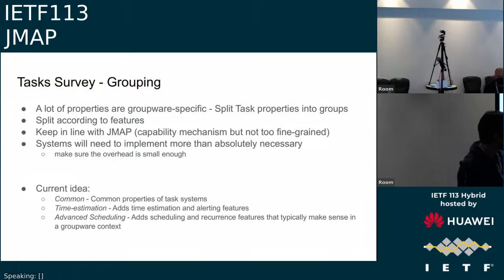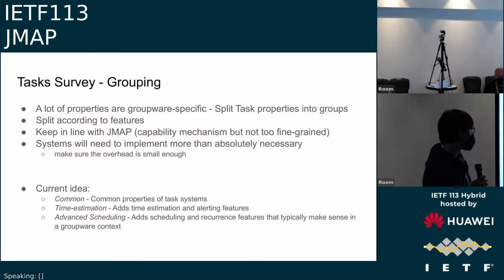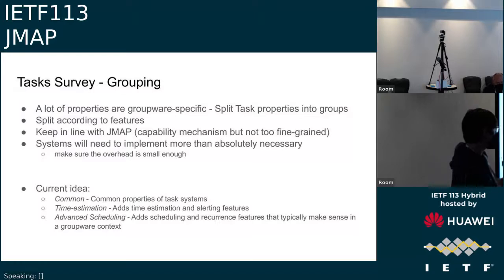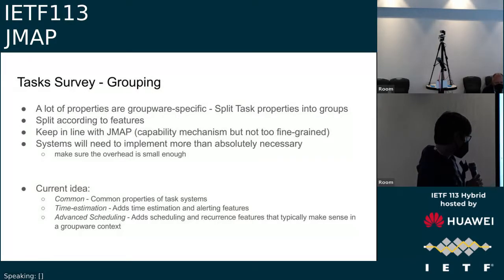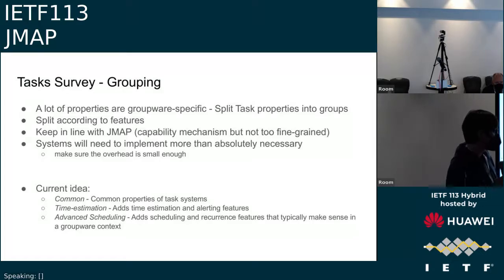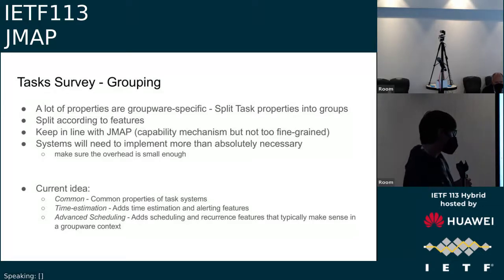So the common properties across all task systems, and there's time estimation features that are about the due properties or the estimated work, for example. And there's also advanced scheduling properties, like recurrences, recurrent tasks, or some automated scheduling features.